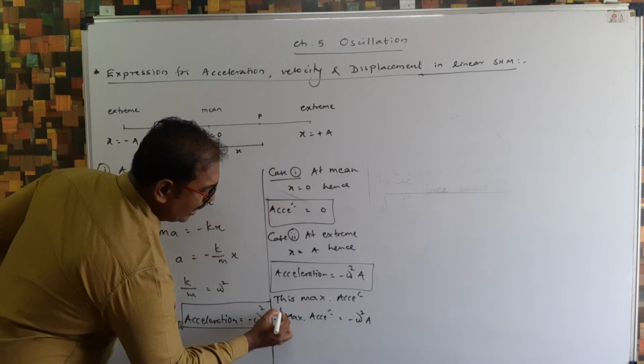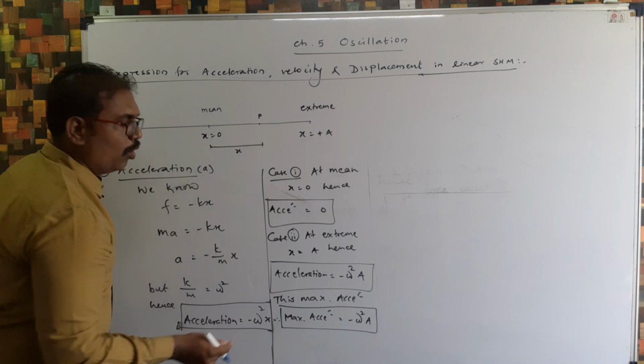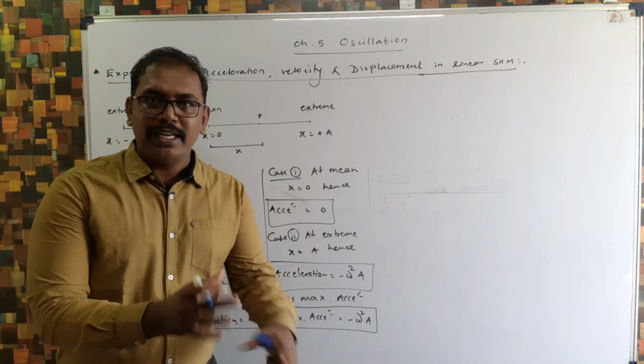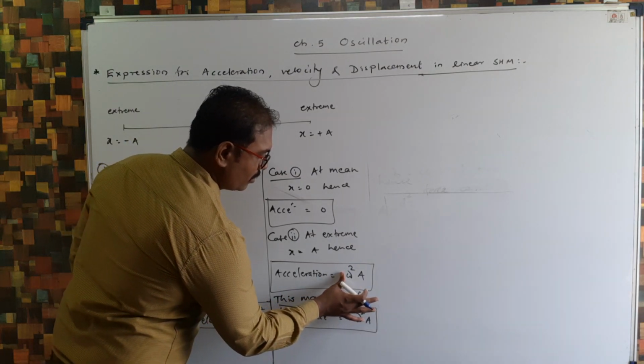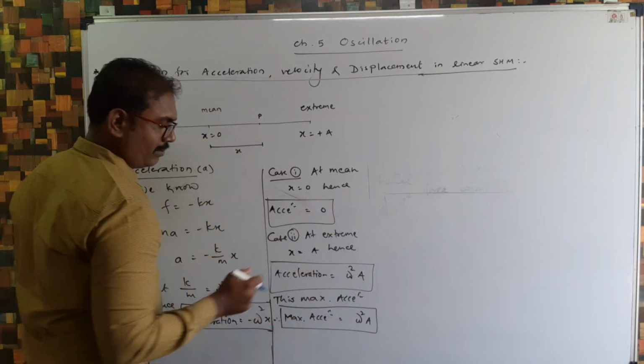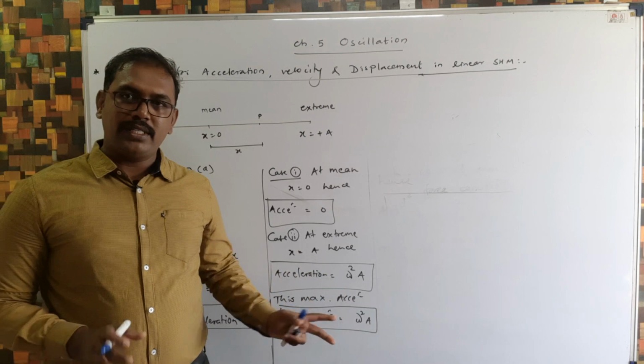Or I can write in magnitude, omega square A, plus minus. Or I consider only the magnitude here. So acceleration, I am considering magnitude only.